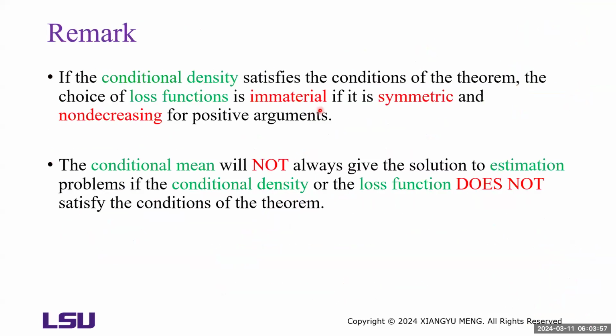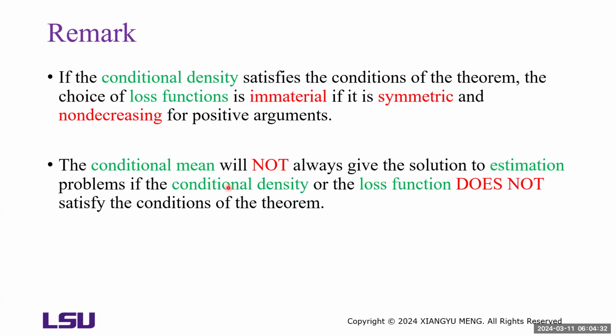In other words, if the probability density function and the loss function both satisfy the conditions of the theorem, then the detailed form of the conditional density function and the detailed form of the loss function do not matter.